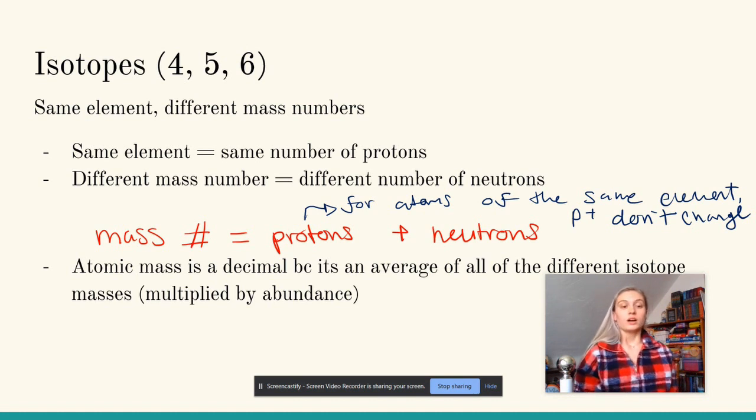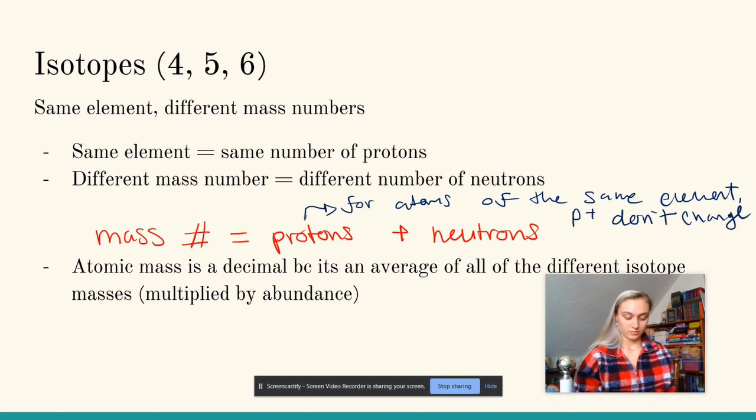Okay? And then I also want to put on this slide that atomic mass is a decimal, and you should have learned this in the isotope review that you just did. The atomic mass is a decimal because it's an average of the different isotopes and the masses of each isotope.